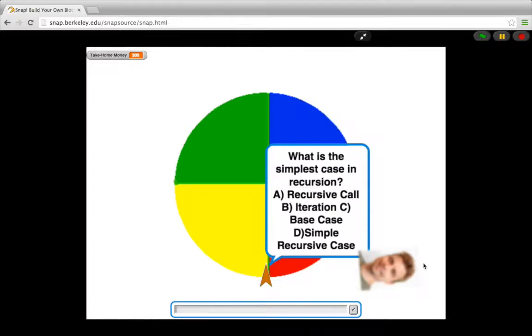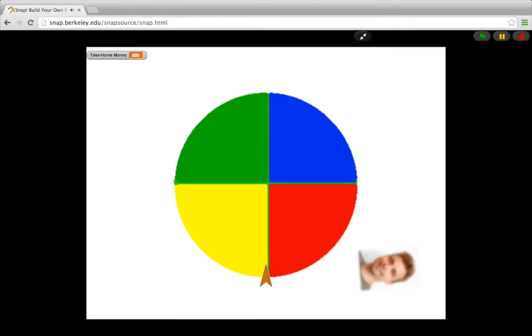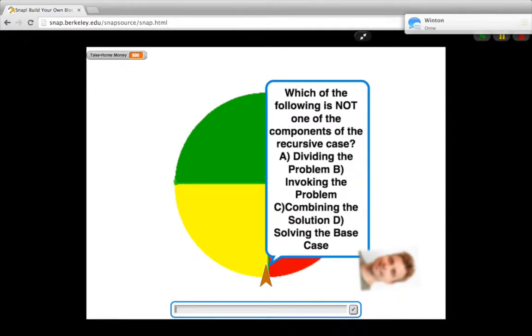Now we're going to show you how to win, because to lose, you just have to get negative 500 in your take-home money. You would just keep answering questions wrong until it's negative 500. But we're going to show you how to win, so we're going to keep answering these questions correctly. So it's C. Okay, it's correct, and now it's 500.